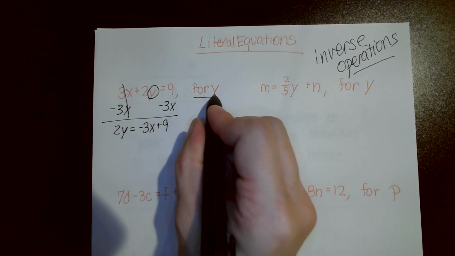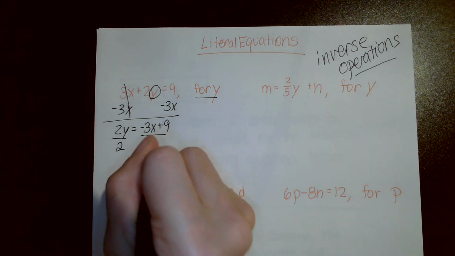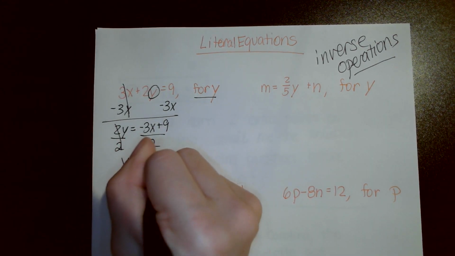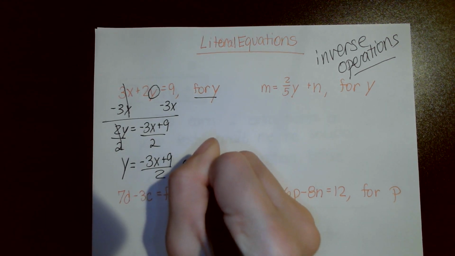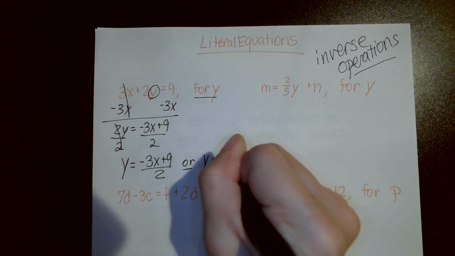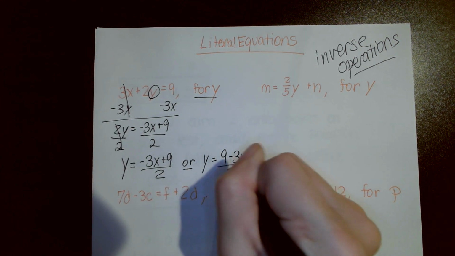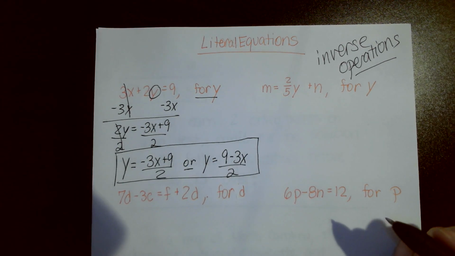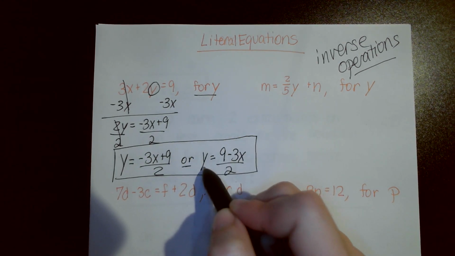And then I need y alone. So I need to divide by 2. So we get y equals negative 3x plus 9 over 2. Or it would be fine if you did y equals 9 minus 3x over 2. Both of those are the same. So now I've solved for y, I got y alone.